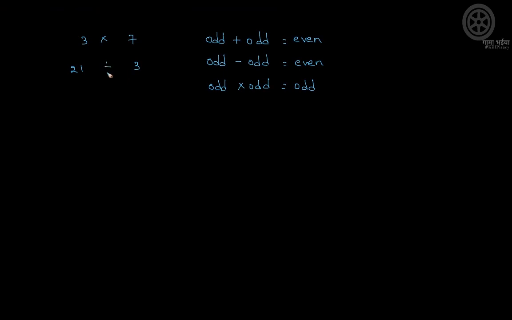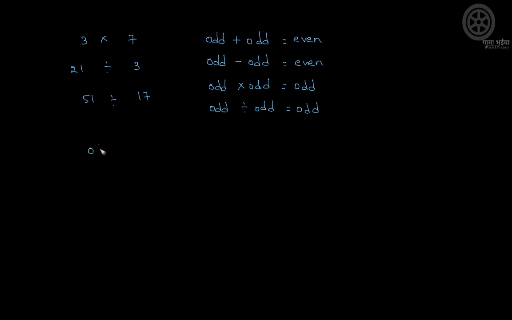If I divide, the result is 7. So odd divided by odd is always odd. Suppose I take 51 and another odd number 17, if I divide, the result is 3, an odd number. So odd divided by odd is always odd.